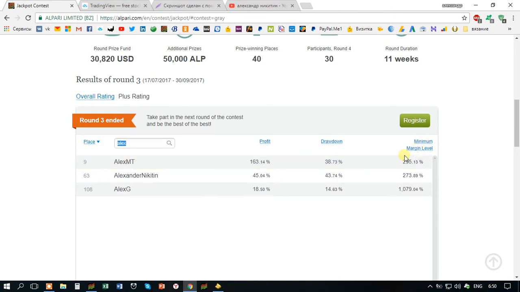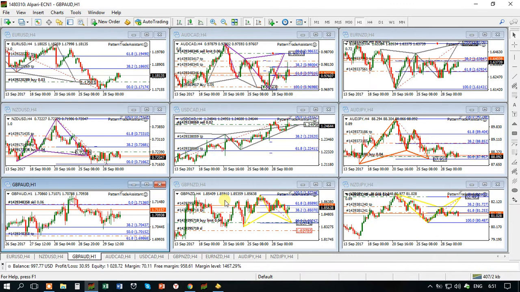And then the minimum margin level. What is the margin level? The more margin level you have, the smaller the positions you trade. If you go all in, you will have a small margin level, less than 100 or less than 200 or something like this. That may not be one single position going all in.